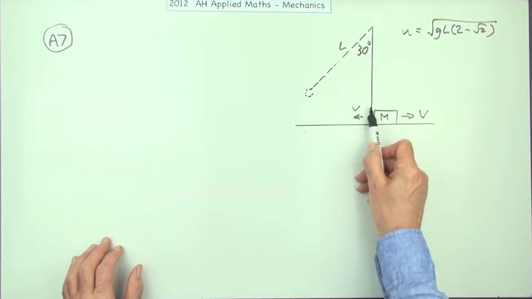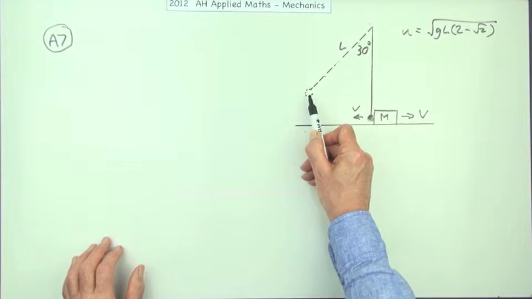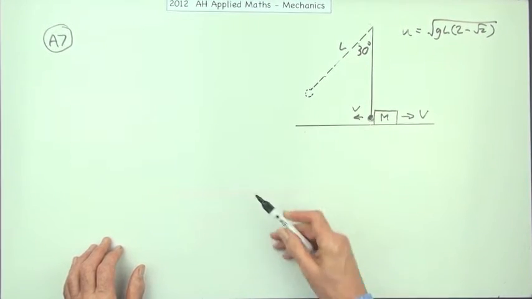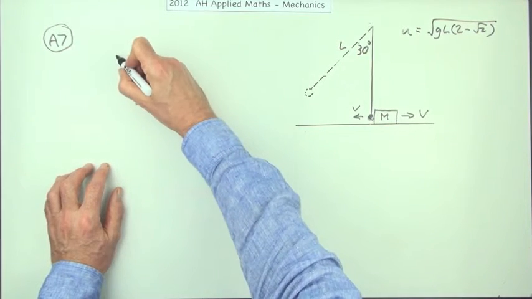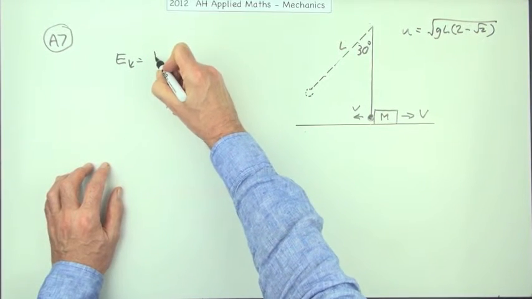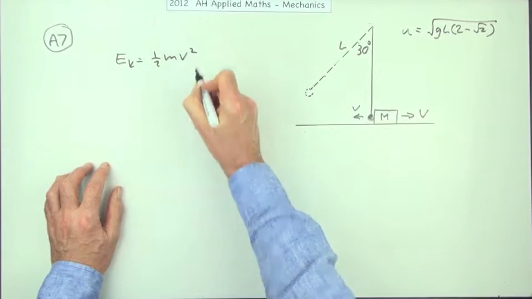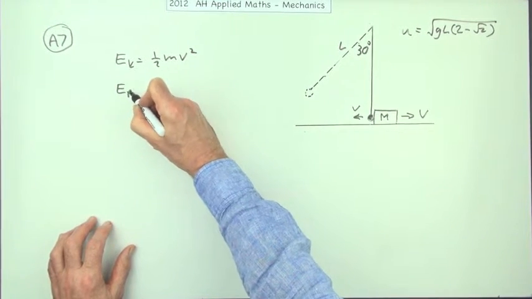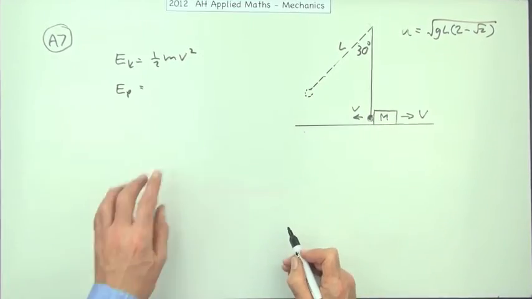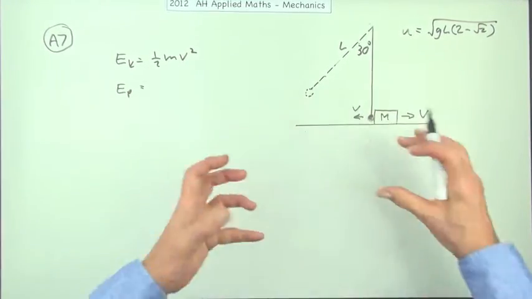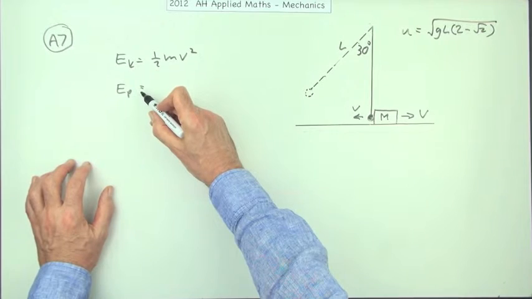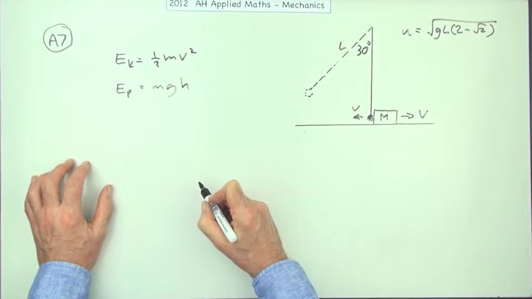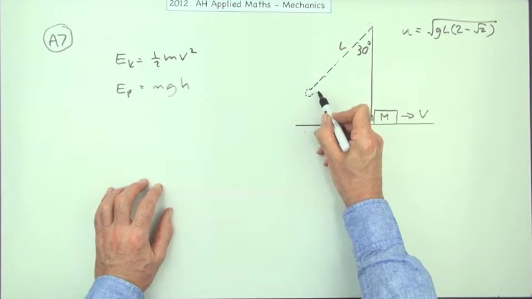The kinetic energy it had to begin with will get transferred, once it's used up and it comes to a stop, into the potential energy at this part. So what was the kinetic energy? The kinetic energy would be a half m v squared. And the potential energy by the time it comes to a stop and all of that's been transferred into lifting it up there would be mgh. What is the height it's going up through?